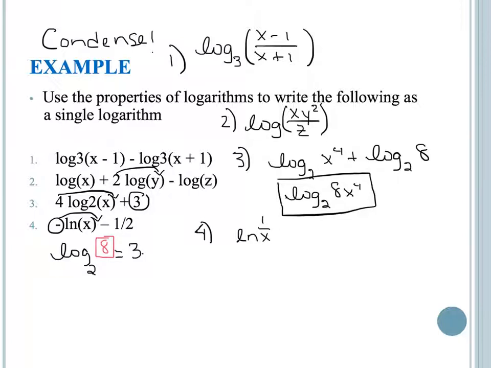Then I also have ln of e equals 1/2. So e to the 1/2, I have to figure out what goes in there. Well, e to the 1/2 equals, the only thing that equals is e to the 1/2.